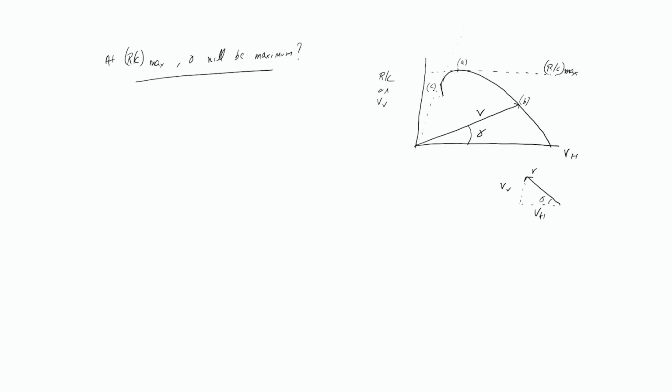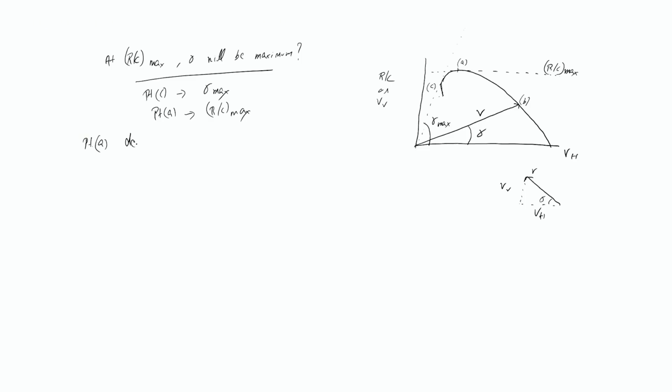Gamma is maximum at point C. And where do we have maximum rate of climb? Maximum rate of climb is at point A. So this is gamma maximum. Even if you draw a line till point A, that will not be your gamma maximum.